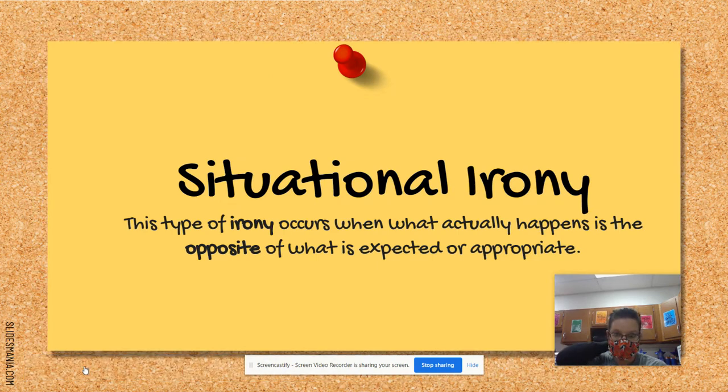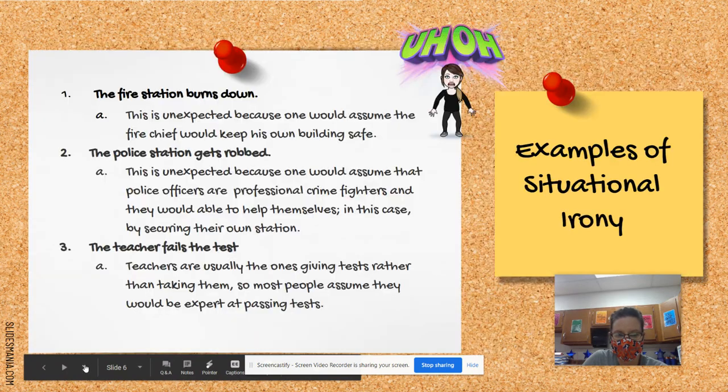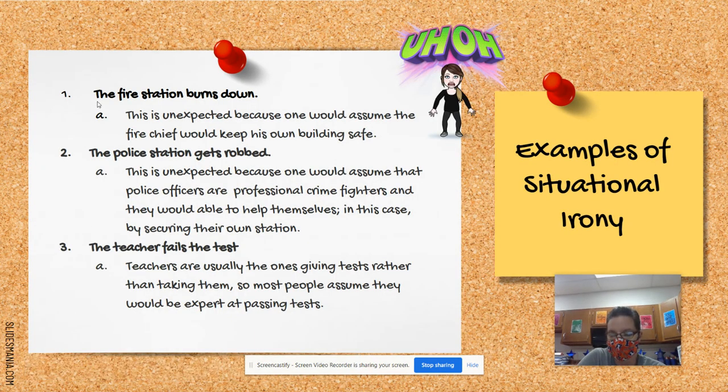We're going to start with situational. This type of irony occurs when what actually happens is the opposite of what is expected to happen. When I show you some examples, it will make more sense. Example 1: the fire station burns down.